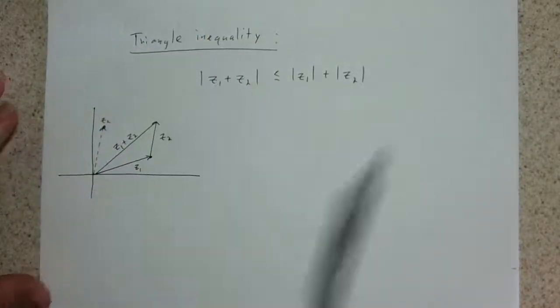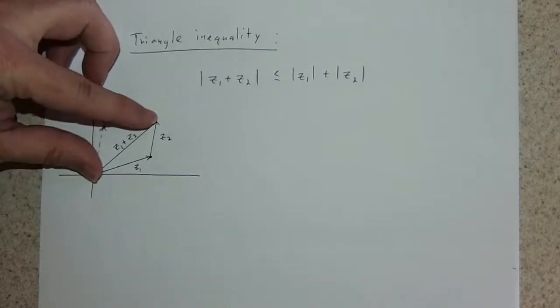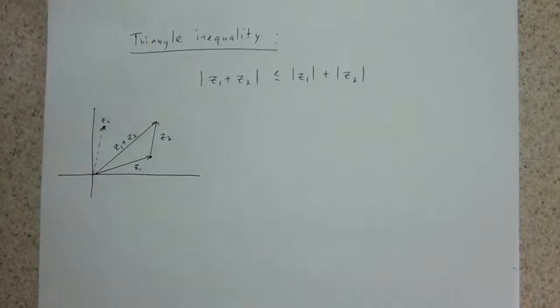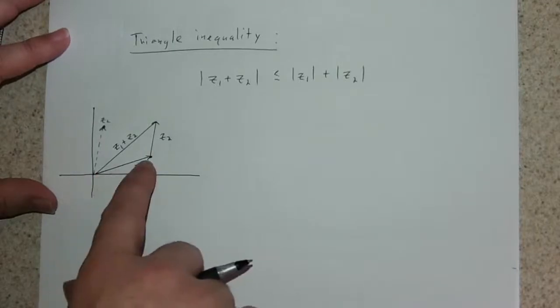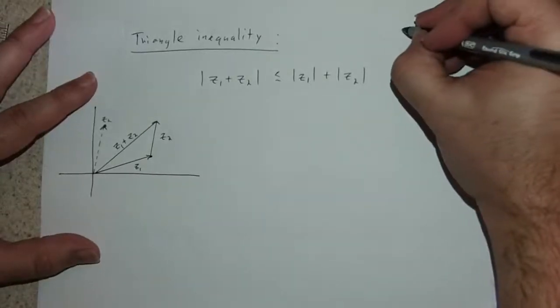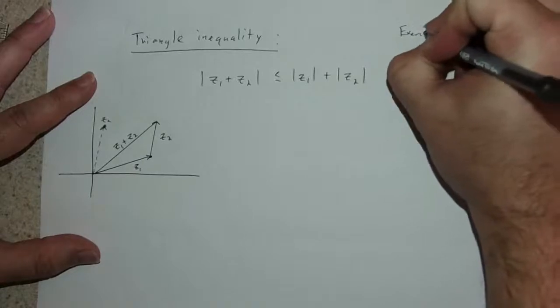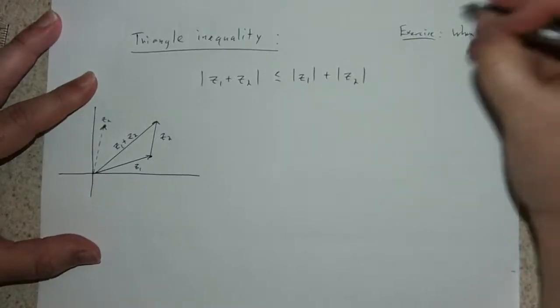And so what's the triangle inequality saying? It's saying that the length of this triangular piece is less than or equal to the length of z1 and the length of z2. So looking at this picture, if this is a triangle, this seems obvious. When do you actually have equality? I'll let you think about that. So maybe a quick exercise: when do you have equality?